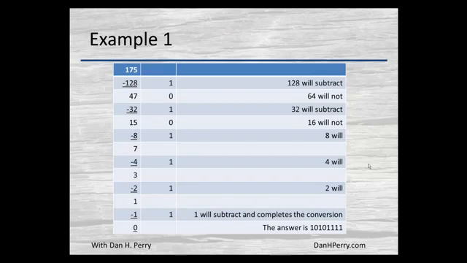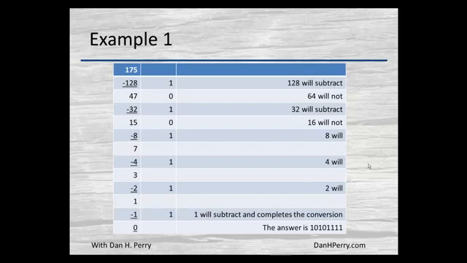The next smaller number in the powers of 2 is 32. 47 will go into 32, so we bring down a 1, subtract off the 32, giving us 15. A 16 won't go into 15, so there we get a 0.